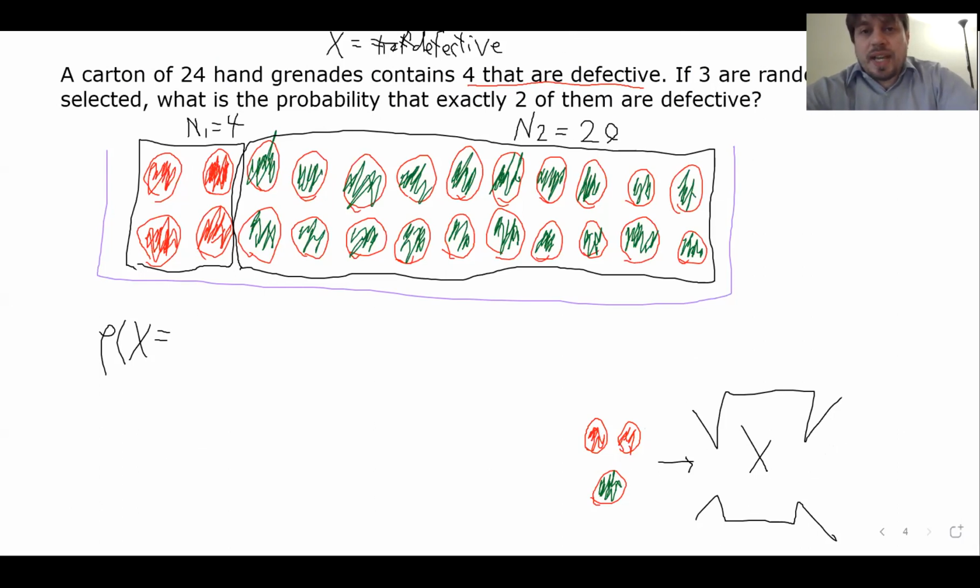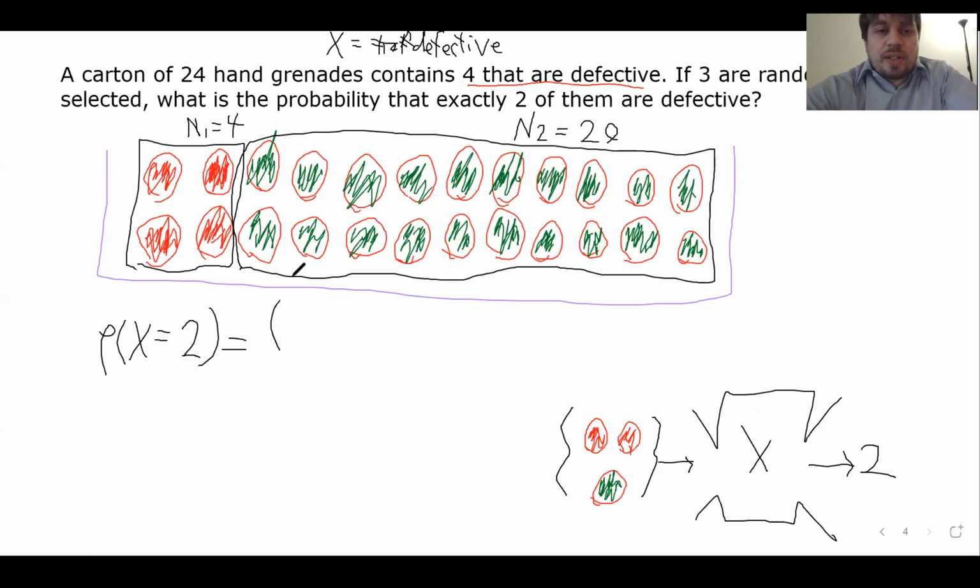The random variable X, with that input, would output a value of 2, because you chose those 3, and 2 of them are defective. So X is spitting out the number of defective for any choice of 3 in the box. You want the probability that X will spit out a value of 2.